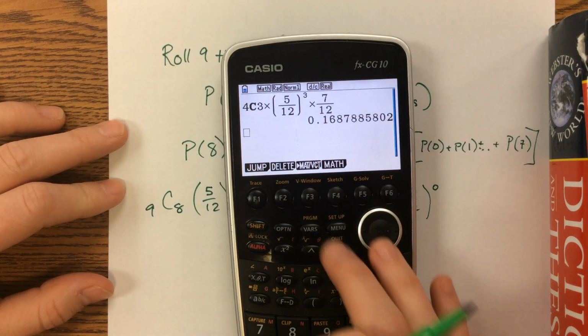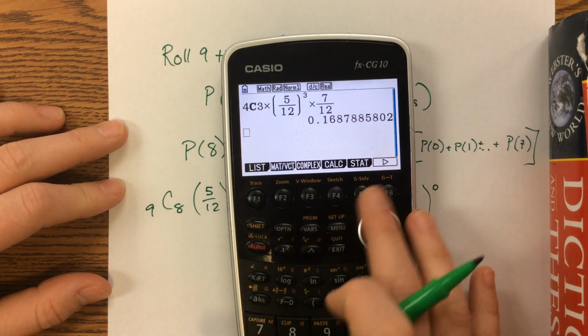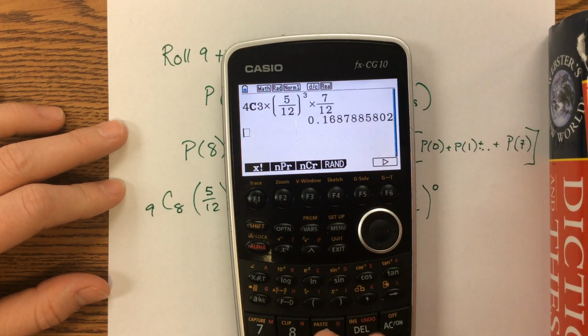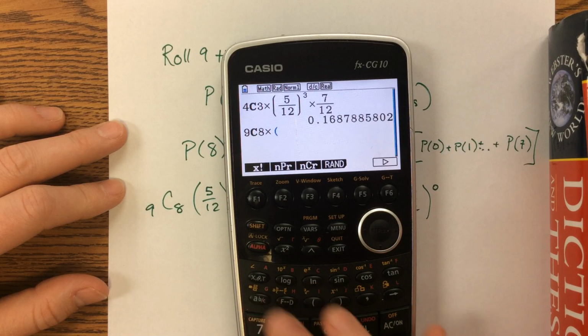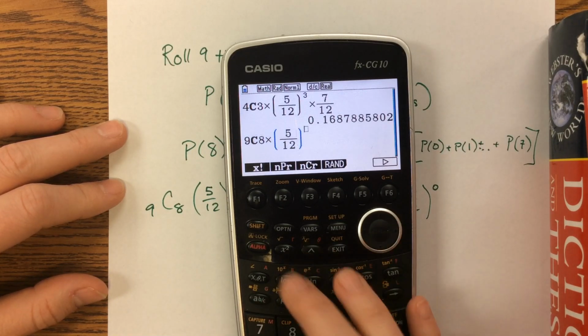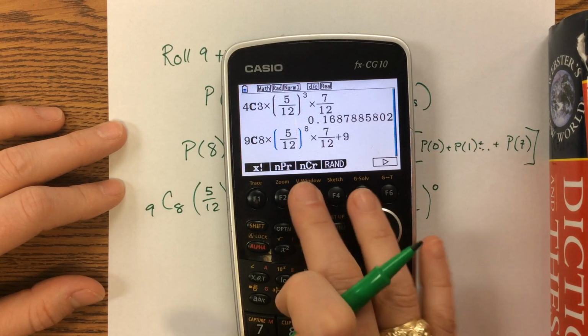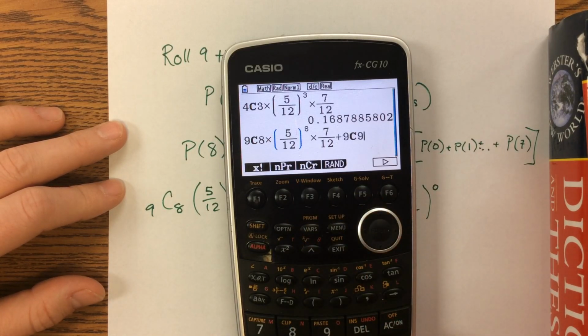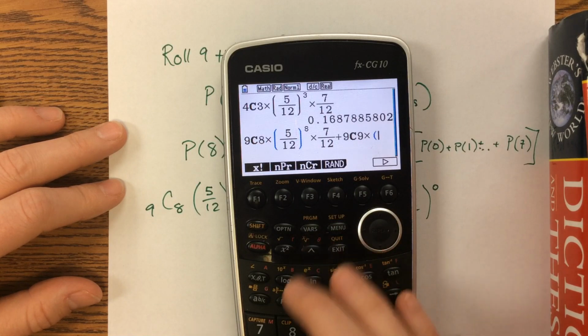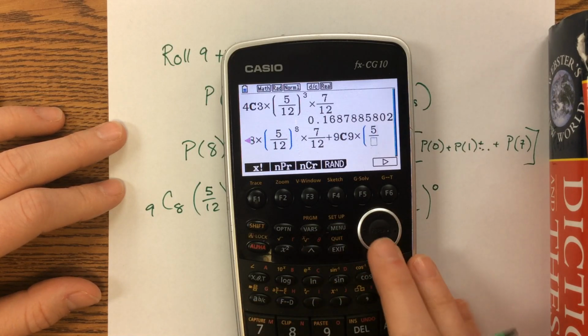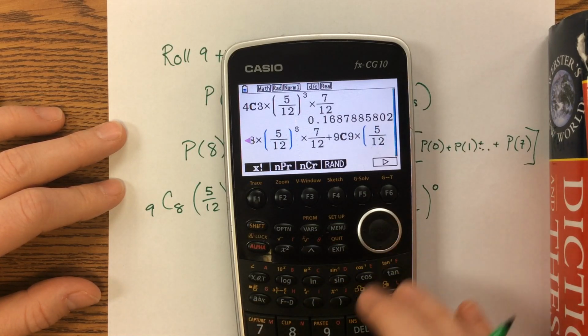I go option over to probability. 9 choose 8 times 5/12 needs to happen 8 times, we have a 7/12 that needs to happen once, plus we want to do 9 choose 9 times 5/12.